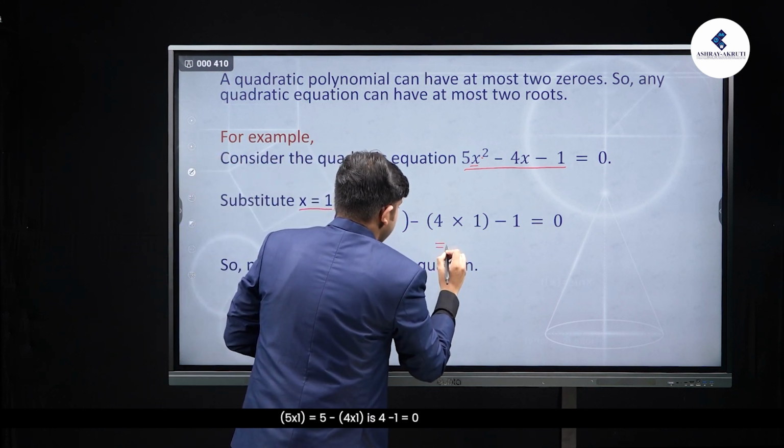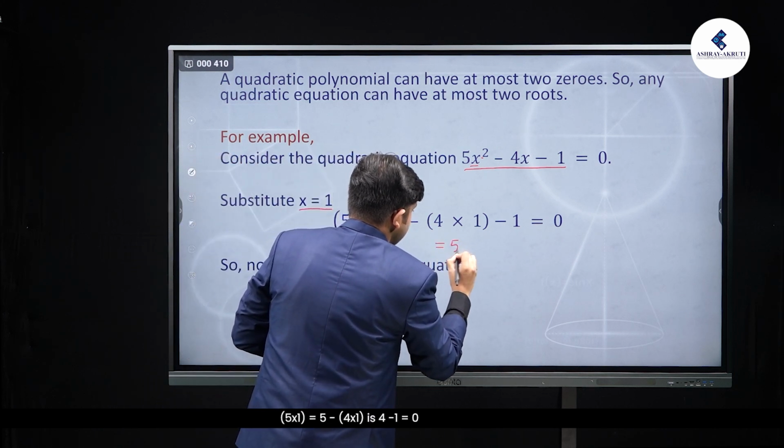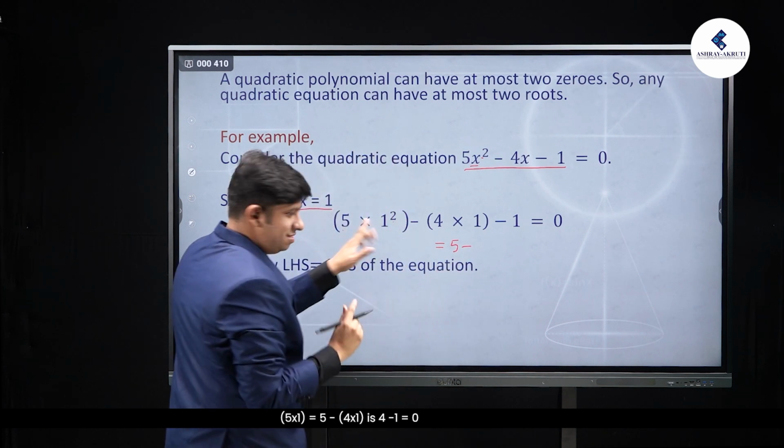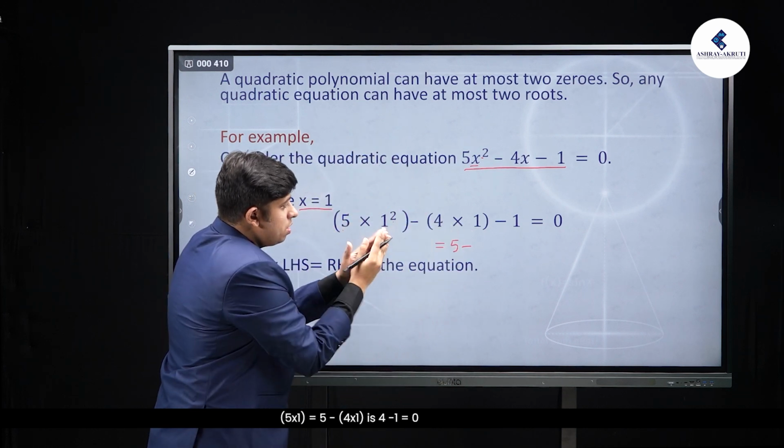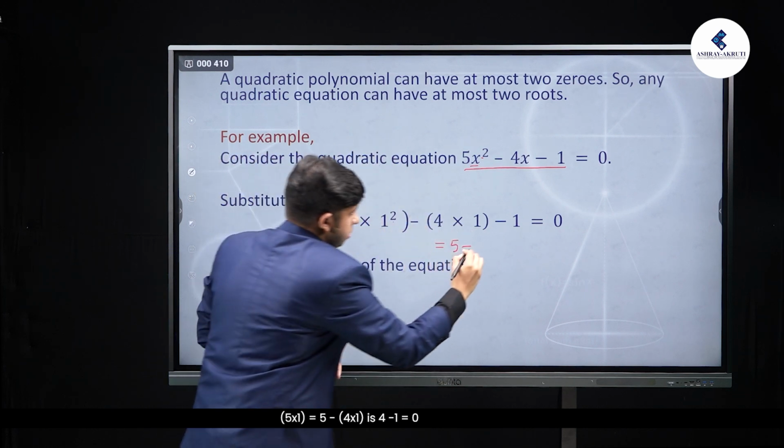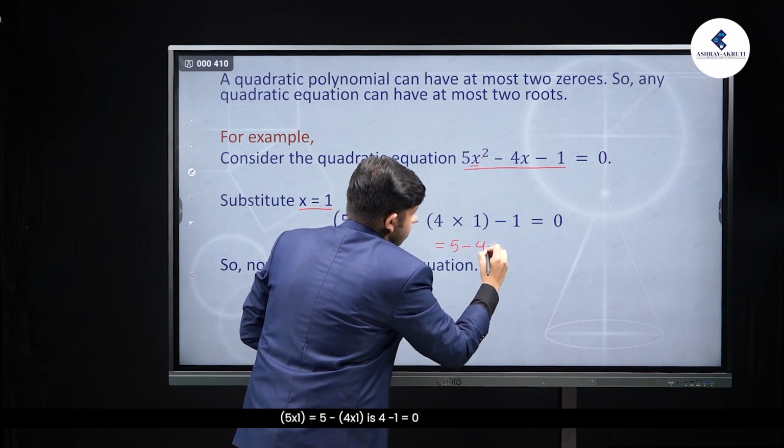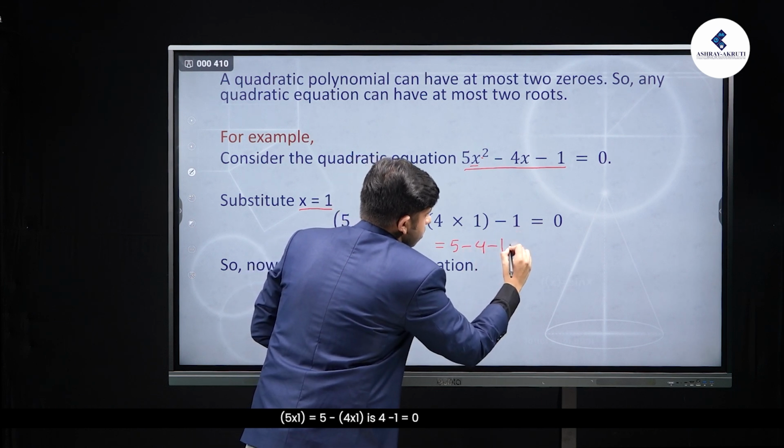Five into 1 is equal to 5, minus 4 into 1 is 4, minus 1.